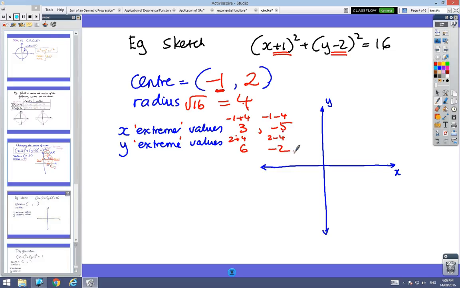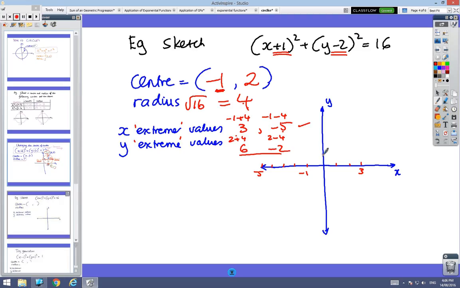Now this has to be done pretty neatly, so my number's going to go over the top. In the x direction, I've got to go all the way across to minus 5: 1, 2, 3, 4. So minus 5, minus 1, 1, 2, 3. That's 3 to minus 5, and the y direction has to be minus 2 to 6.